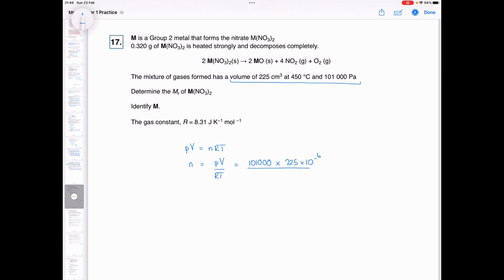And then we're going to divide by the gas constant, 8.31, and then multiply by the temperature, which must be in Kelvin. So that's 450 plus 273. So our expression is going to be 101,000 times 225 times 10 to the minus 6 divided by 8.31 multiplied by 723.